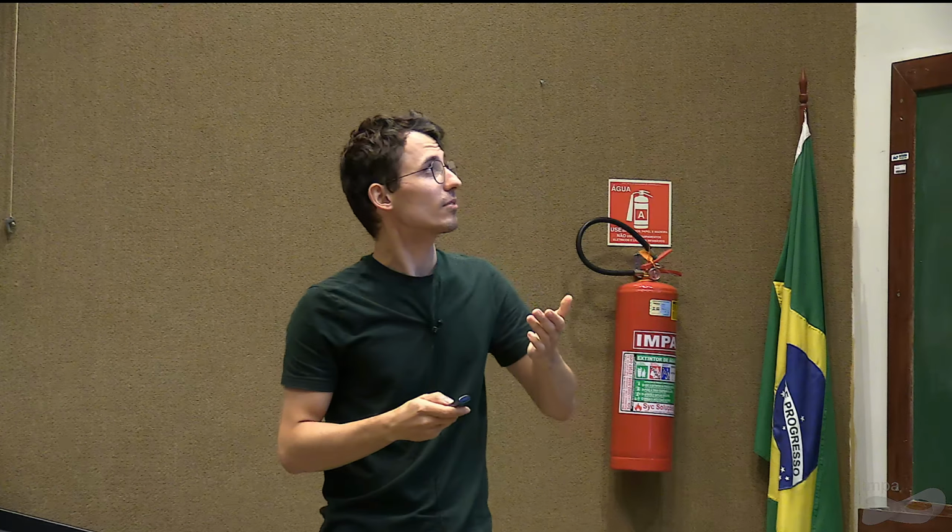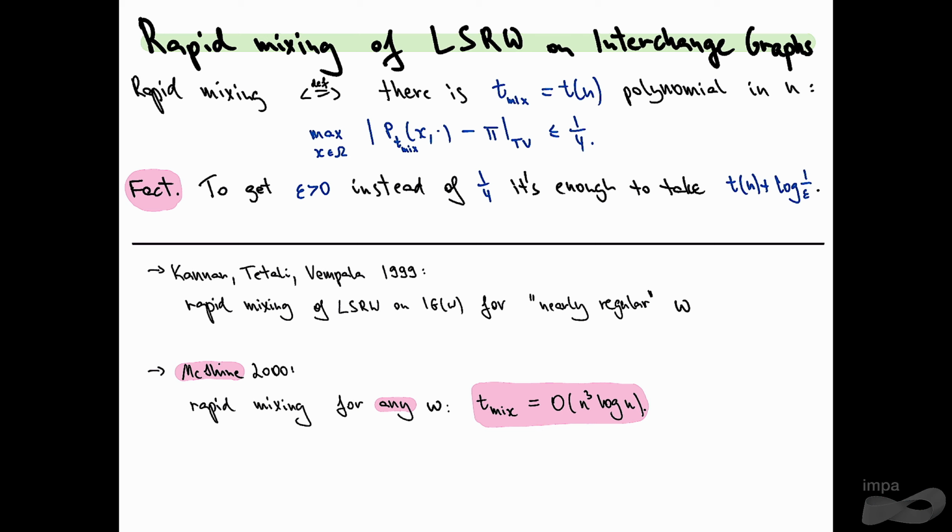But not much later, Lisa McShine just killed the problem in some sense, because she proved rapid mixing irrespective of what win sequence I have.